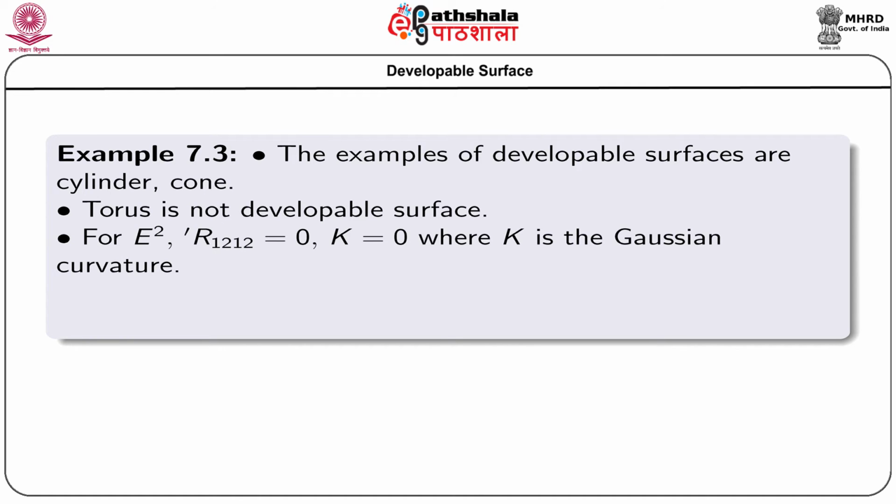Now, for E2 we have R^h_{ijk} equal to 0, as it is a flat surface. The Riemann curvature tensor of type (0,4) is equal to 0, and therefore the Gaussian curvature is also equal to 0.